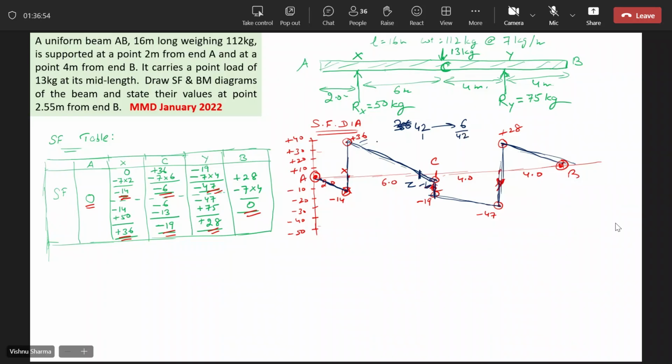And if 36 has to change to 0, how many units of change? 36. 36 units of change will take this much distance, right, guys? Correct? Yes, sir. And this will give us XZ. XZ will be how much then? 5.143. Has everybody understood the calculation of XZ?